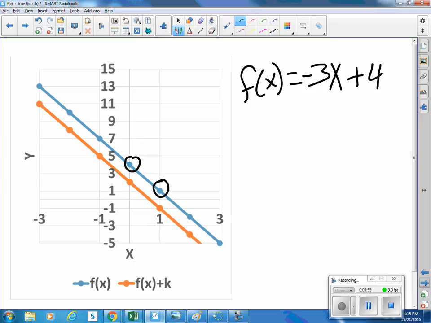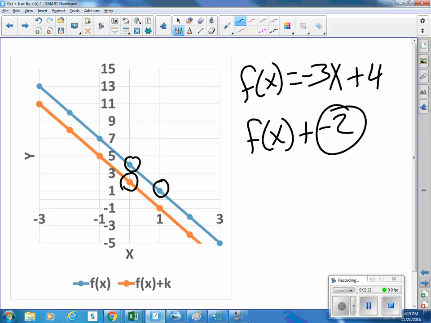And it shifted outside the parentheses, goes up or down. This time it went down from 4 to 2. So this function is shifted by 2 in the negative direction. So I could say plus -2, so that it's easier to see what k is.